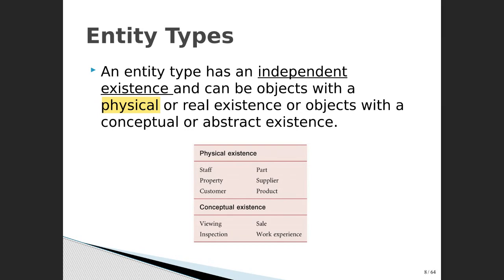So some of the entity types have conceptual existence and others have physical. Physical like a person or a thing. A thing you can feel, you can touch. While conceptual is a process or something abstract, like registering.